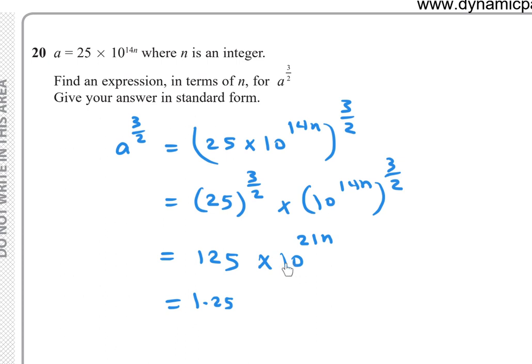If you multiply by 100, this means add 2 for the power, because this means multiply by 10 power 2. So now we multiply by 10 power 21n plus 2. So divide by 100 and multiply by 100. When you multiply by 100, add 2 for the power.